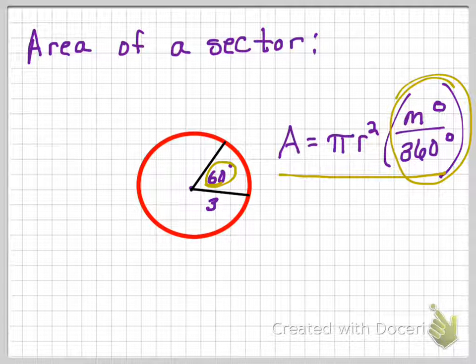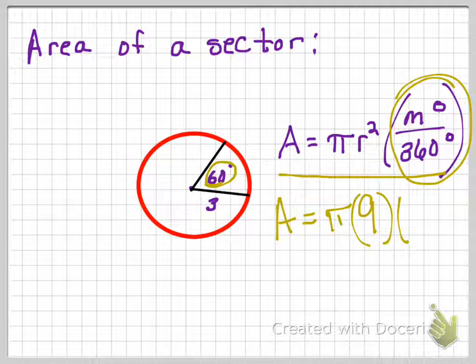In our specific case, our area equals pi, our radius is 3 squared is 9, times our fraction of the circle, which is 60 degrees over 360 degrees.